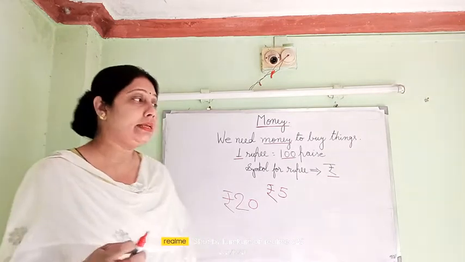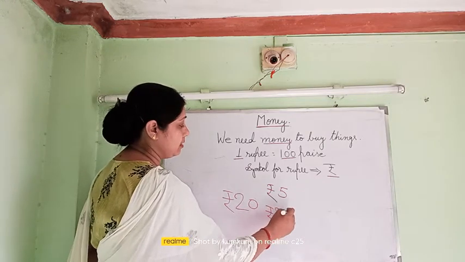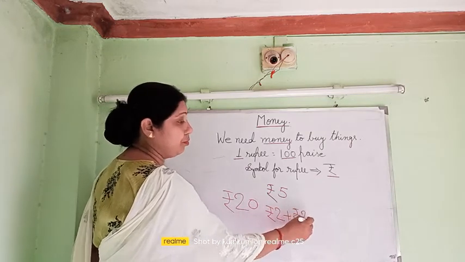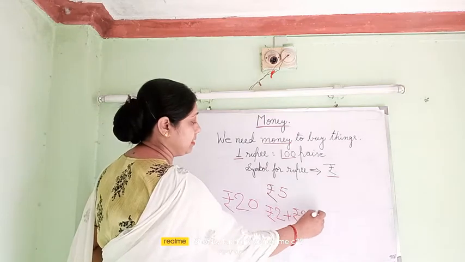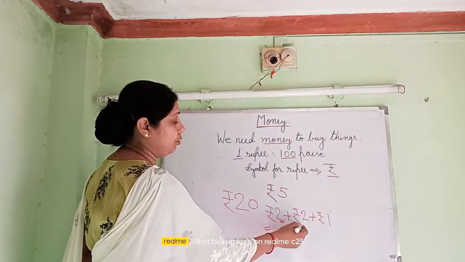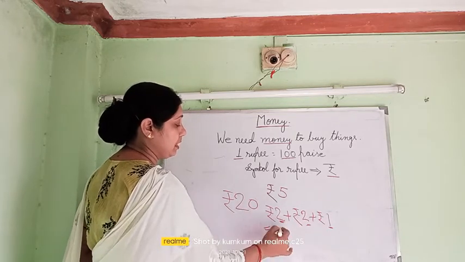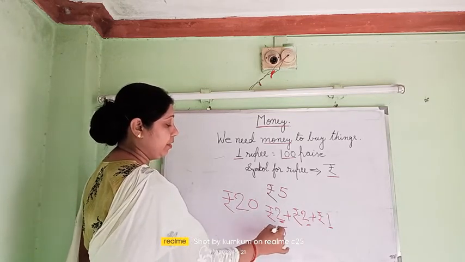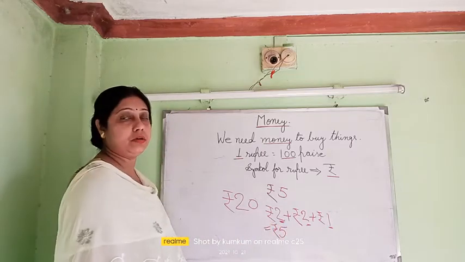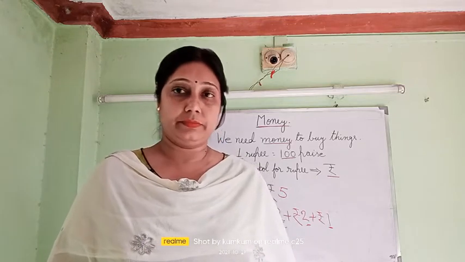That means if I write 2 rupees plus 2 rupees plus 1 rupee equals, see the digits, 2 plus 2 plus 1 is 5, and in front of it you have to add the symbol of rupees. So it will become 5 rupees.